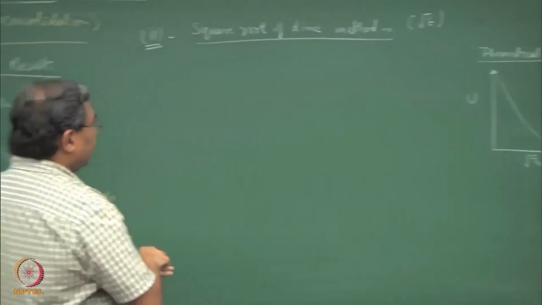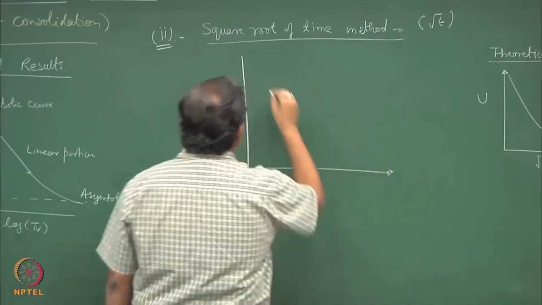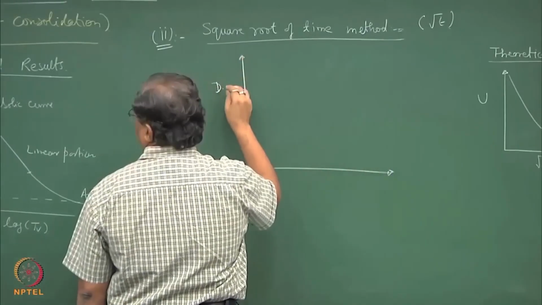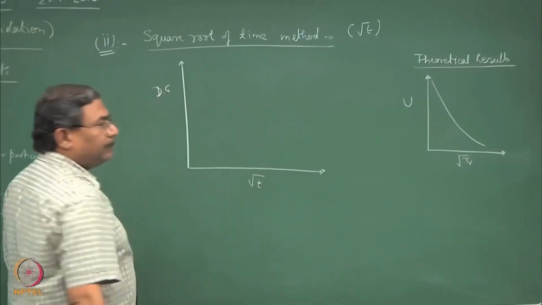In experimentation, what we will do is we will plot the dial gauge readings as a function of under root time in minutes.